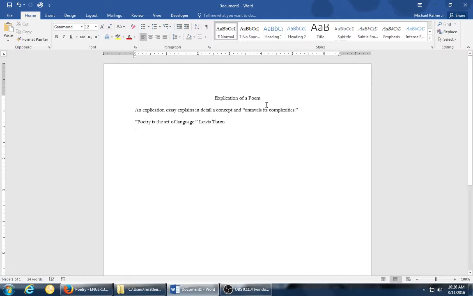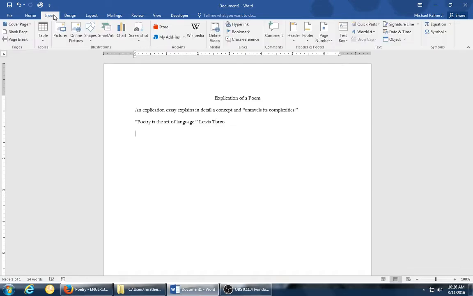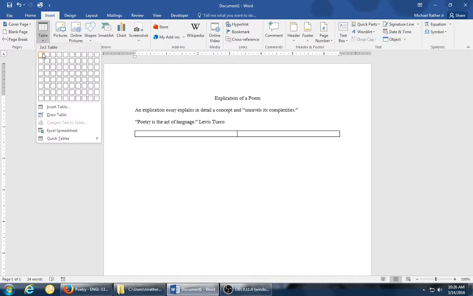Now, since poetry is the art of language, we have two primary ways of presenting language, right? I'm going to create a table here for you so you can see what I'm talking about visually to help you understand this. So we have really actually three ways of using language and presenting language.